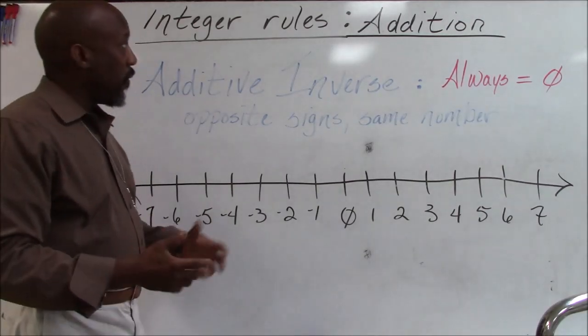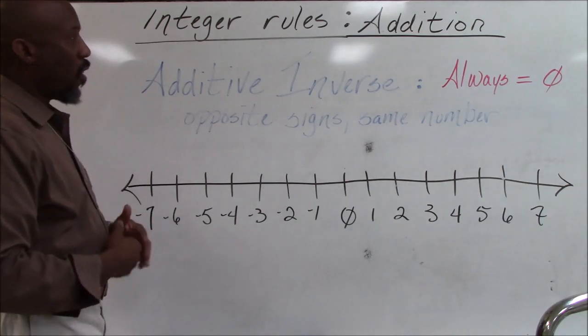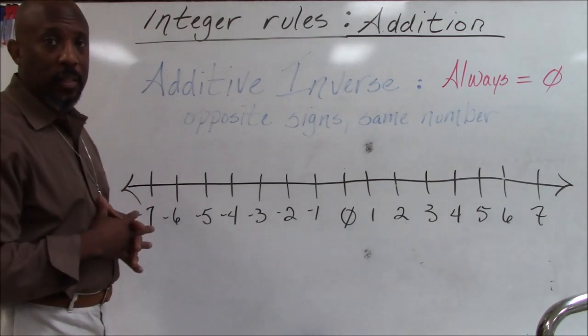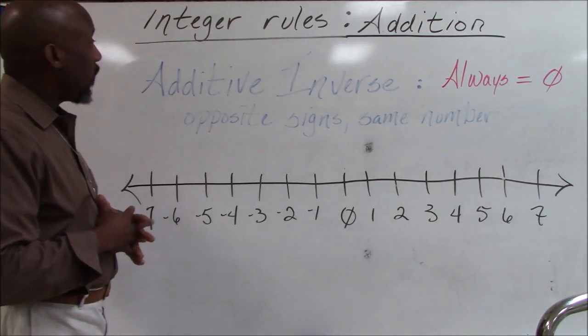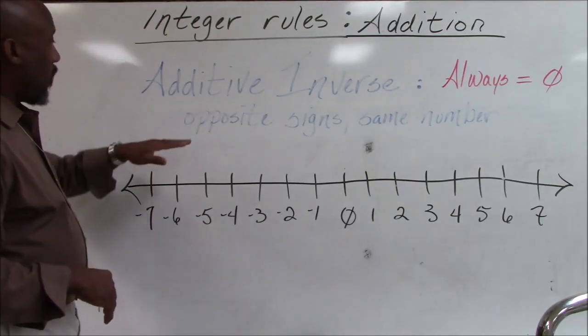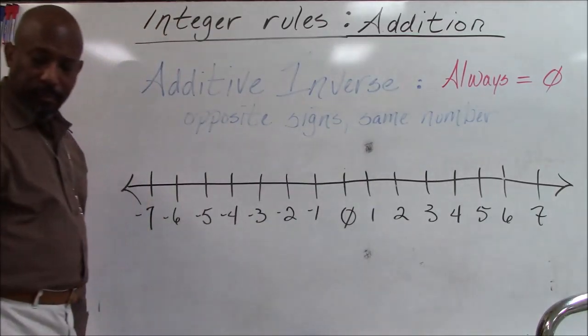All right, again, before we continue on to our integer rules with addition, we need to talk about this thing called an additive inverse. The additive inverse always equals 0. Opposite signs, but the same number. Okay?